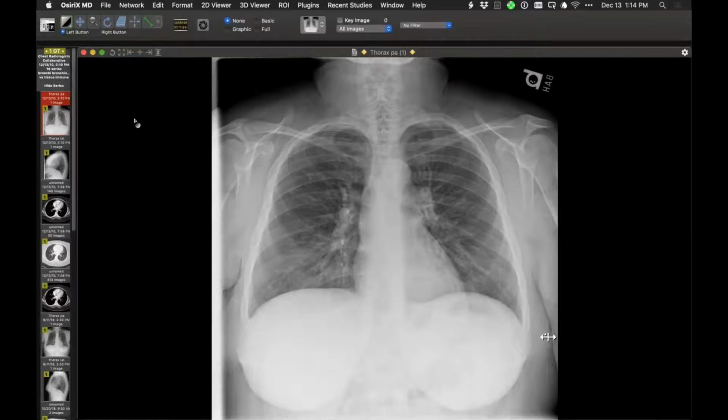This is a very dramatic example of constrictive bronchiolitis obliterans in a patient with rheumatoid arthritis.